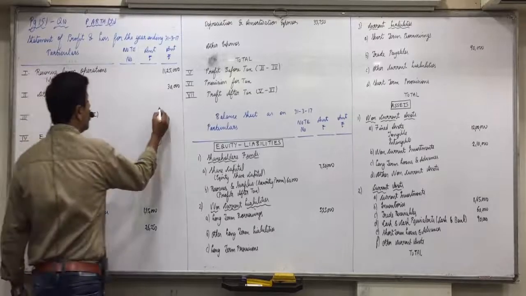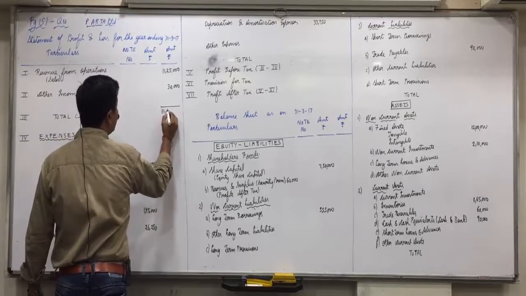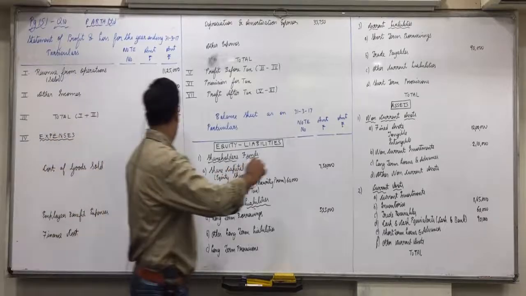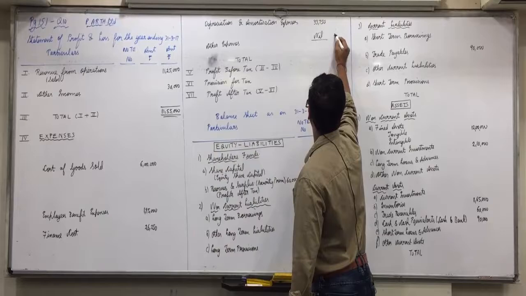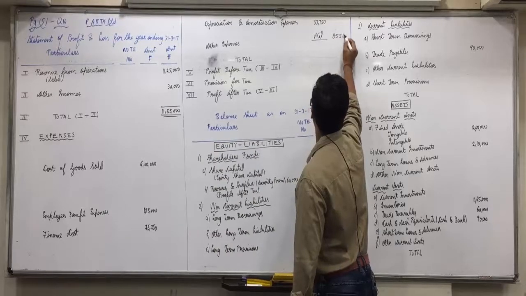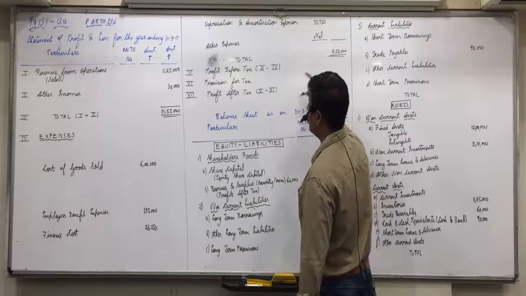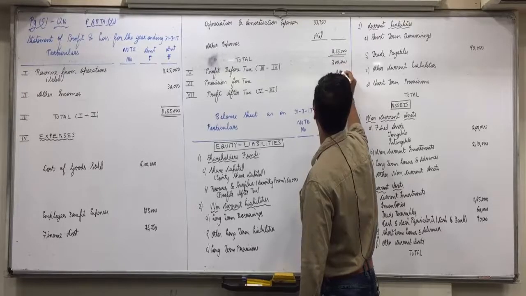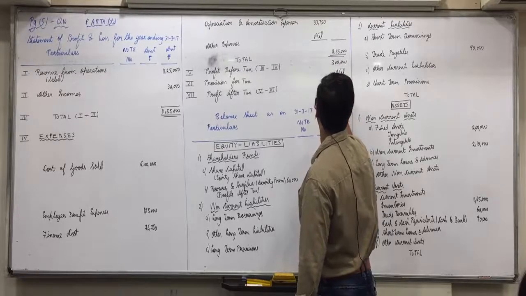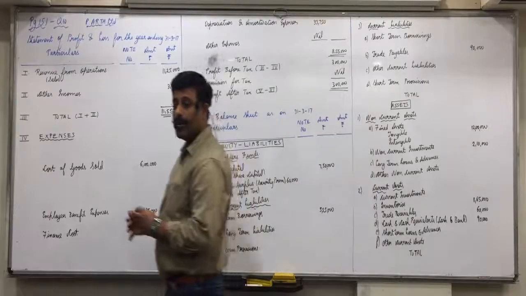So the total is 11,55,000. Total expenses 8,55,000. Other expenses are not there. 1155 minus 855, 3 lakhs. No provision for tax, so profit after tax is also 3 lakhs. Did you understand this?